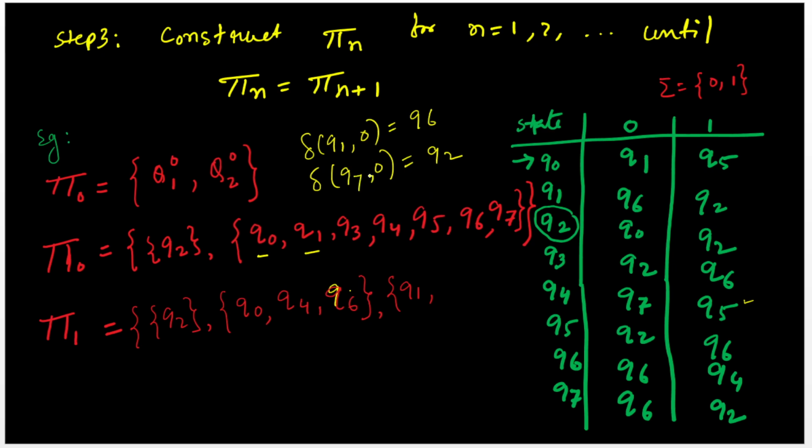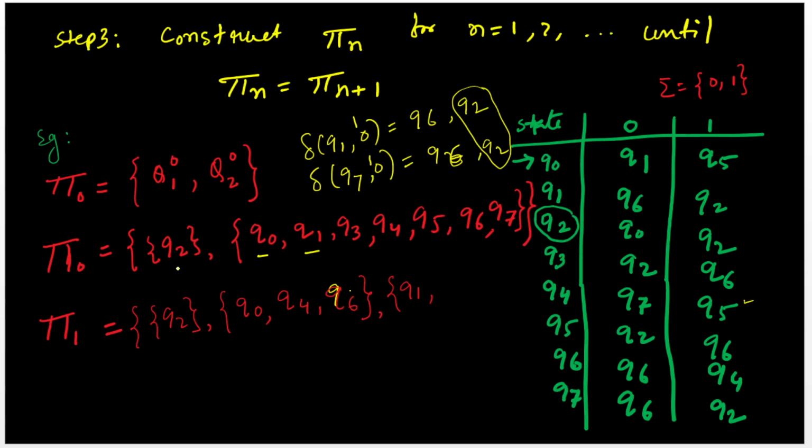Now Q7, by taking 0, gives you Q6. Q6 is in the same equivalence class of pi naught. And by taking 1, Q1 gives you Q2, and Q7 also gives Q2.